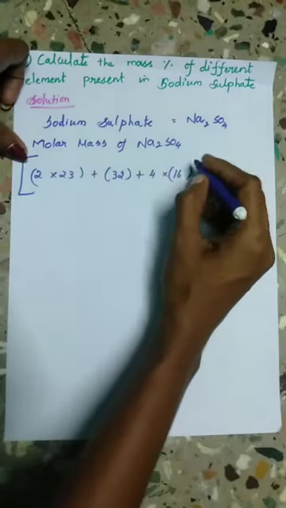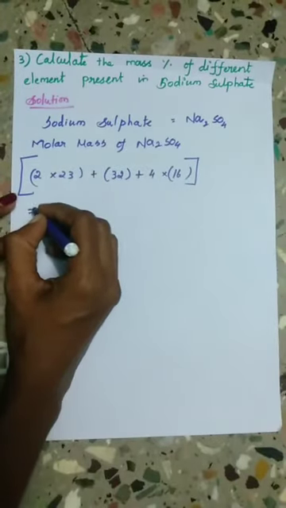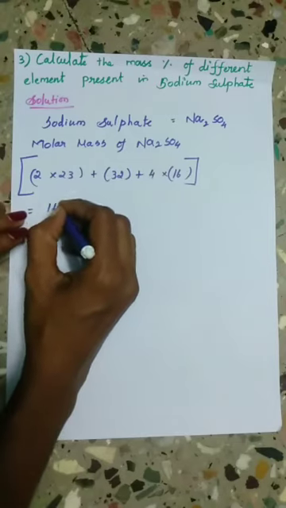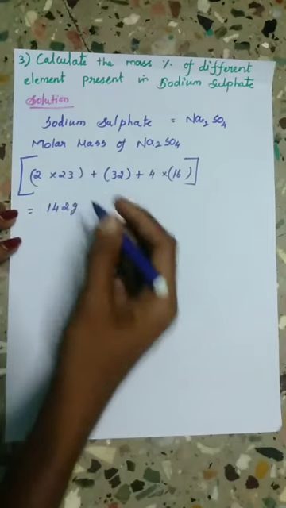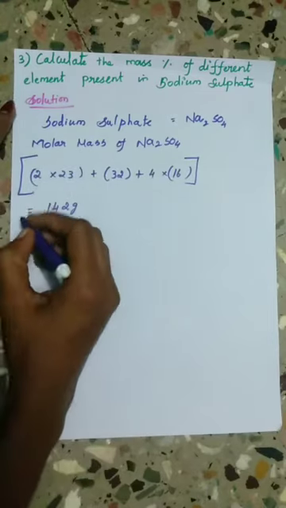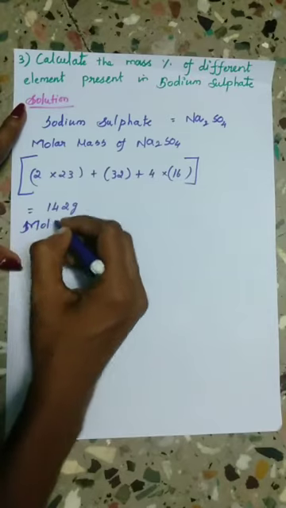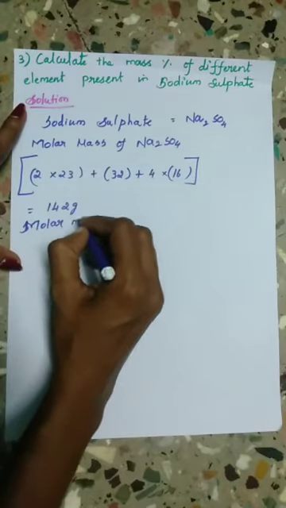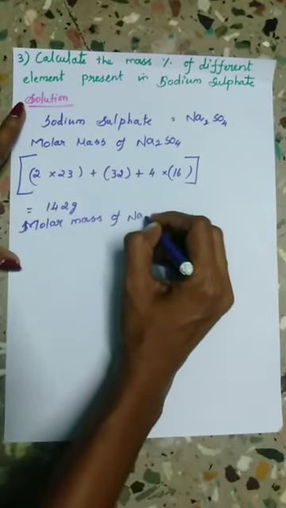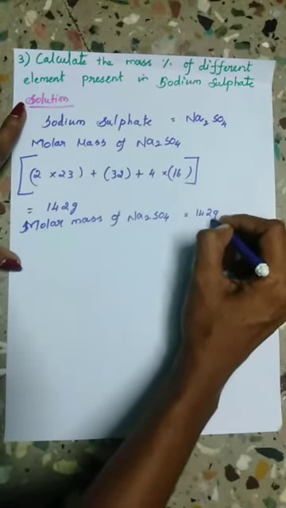So when we multiply and add, we get the answer 142 grams. This is the molar mass of sodium sulfate.